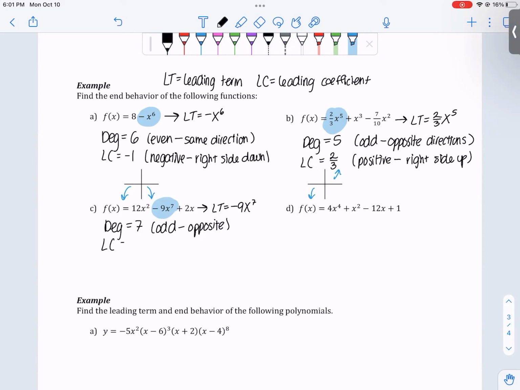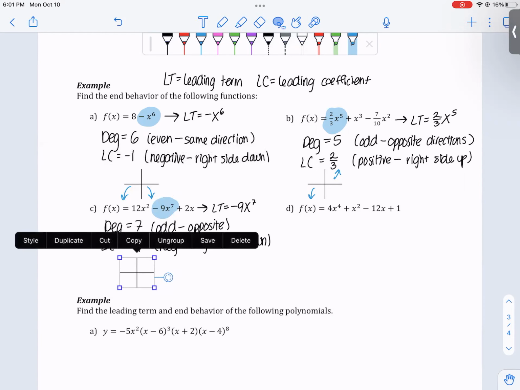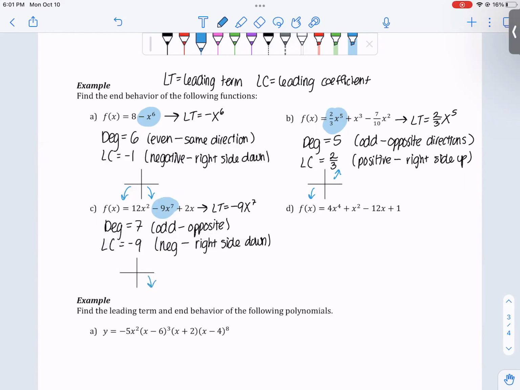The leading coefficient is -9, which is negative. And that means the right side goes down. So the right side goes down. Odd means opposite directions. So the left side goes up. We rise to the left, we fall to the right.